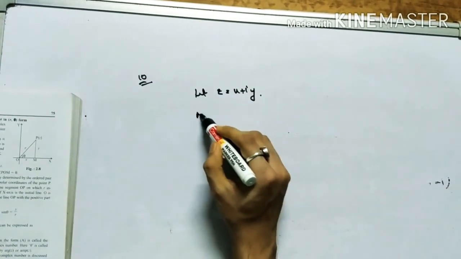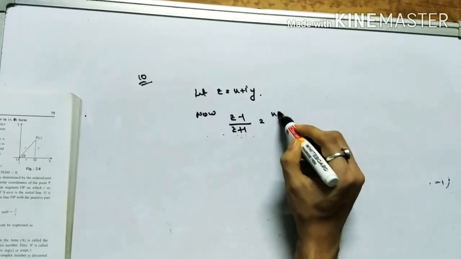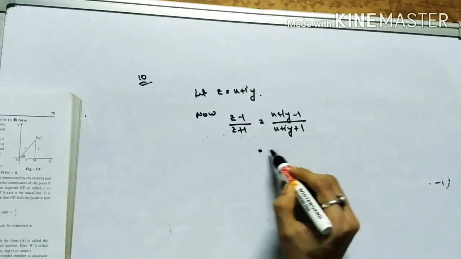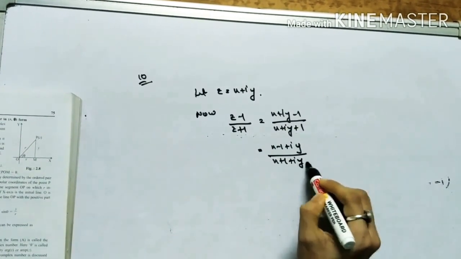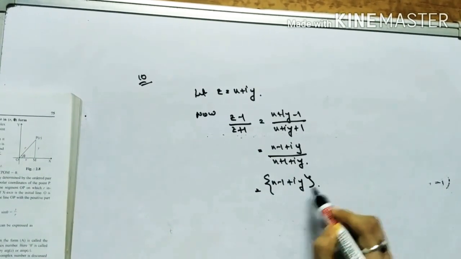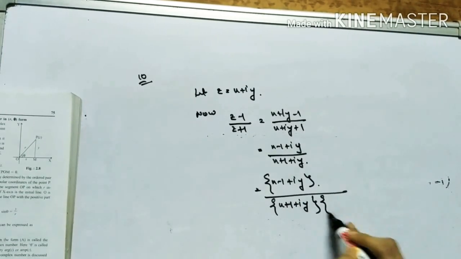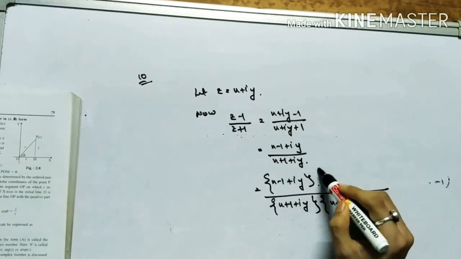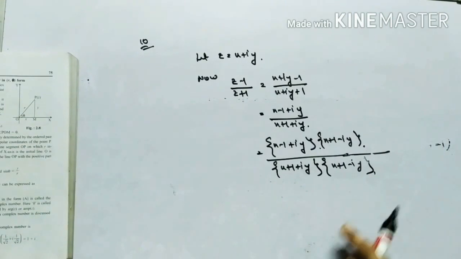Now (z minus 1)/(z plus 1) is equal to (x plus iy minus 1)/(x plus iy plus 1), which is (x minus 1 plus iy)/(x plus 1 plus iy). Now I will multiply both sides by x plus 1 minus iy.